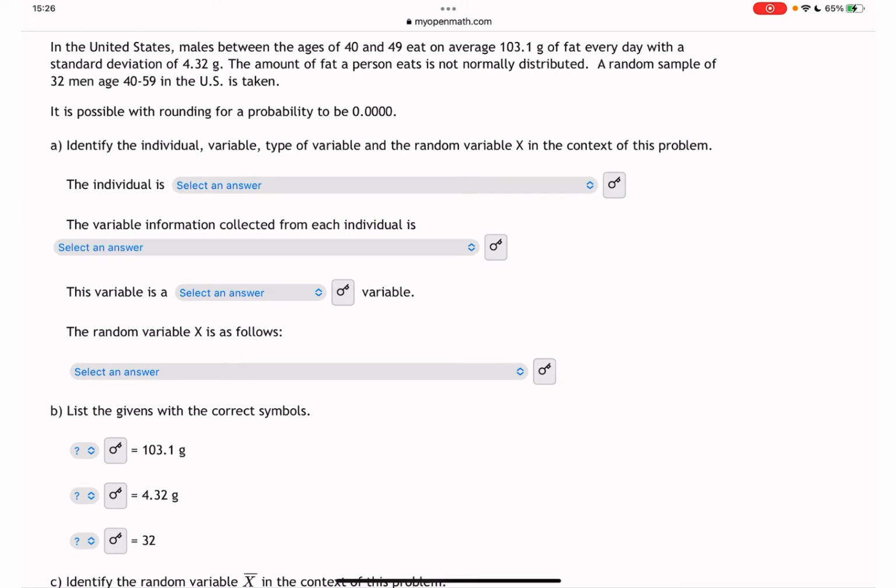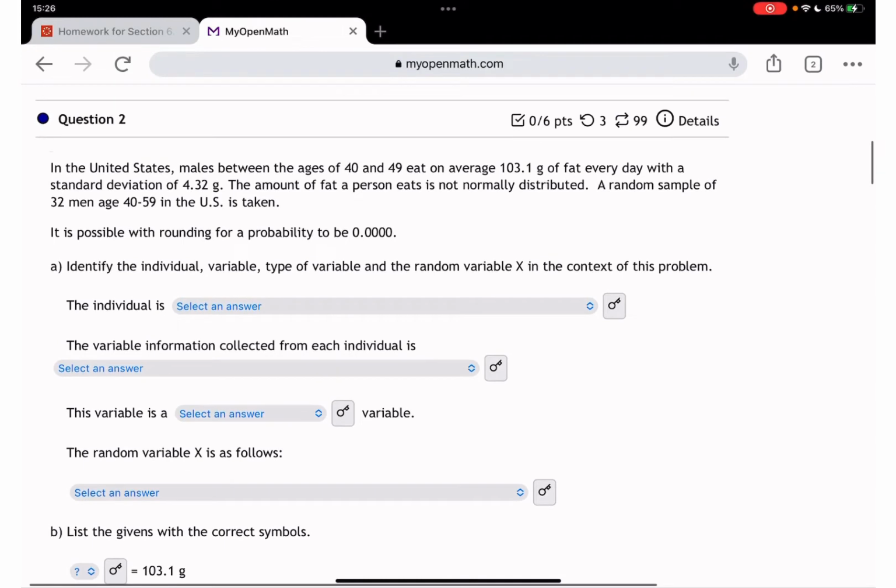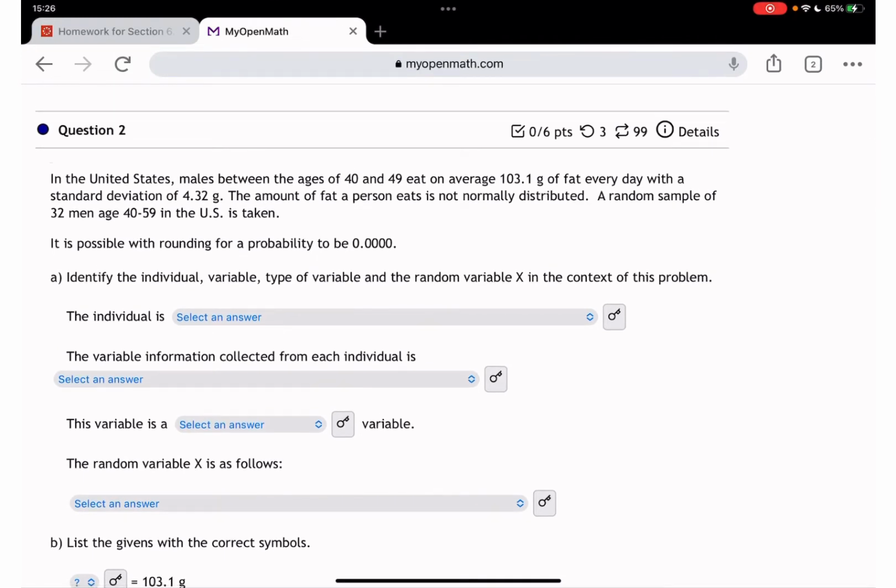Moving to question number 2. In the United States, males between the ages of 40 and 49 eat an average of 103.1 grams of fat every day with a standard deviation of 4.32.